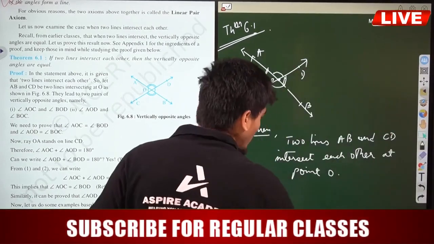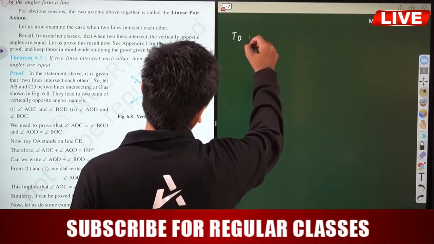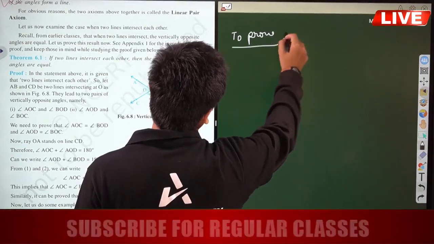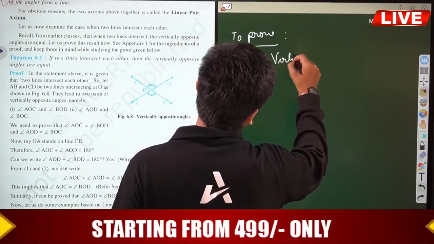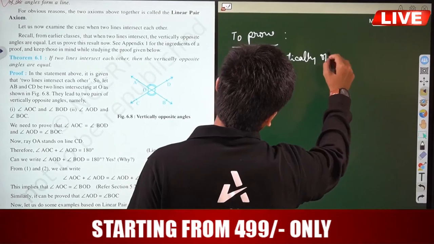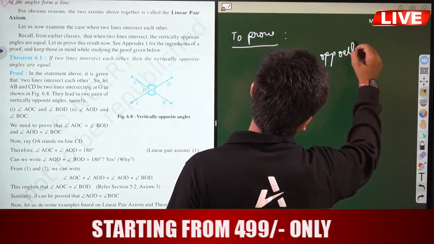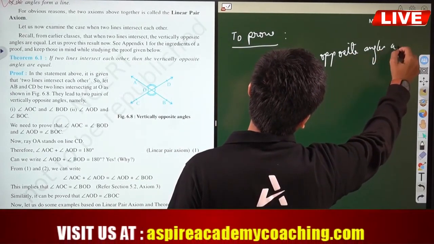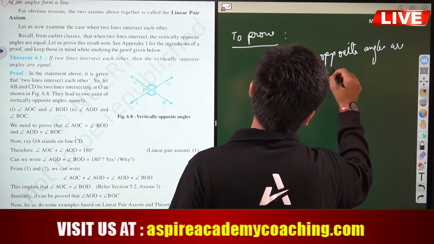To prove: vertically opposite angles are equal.